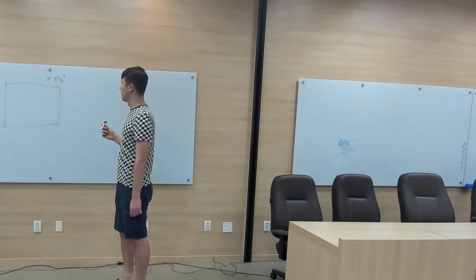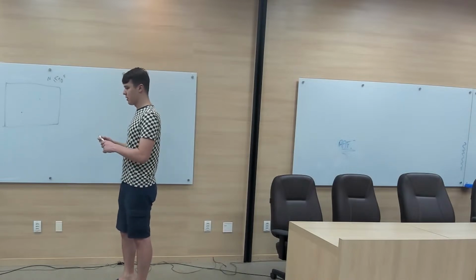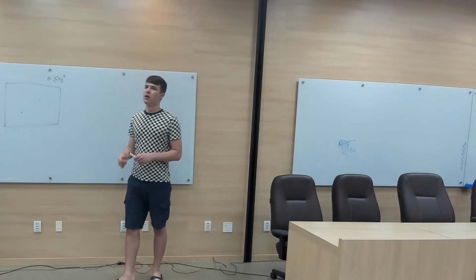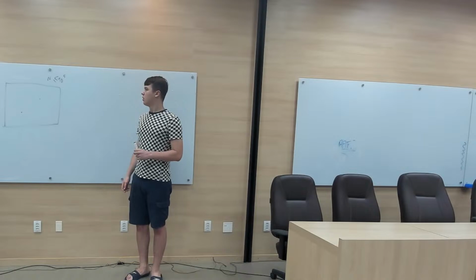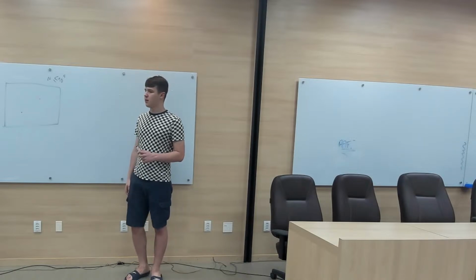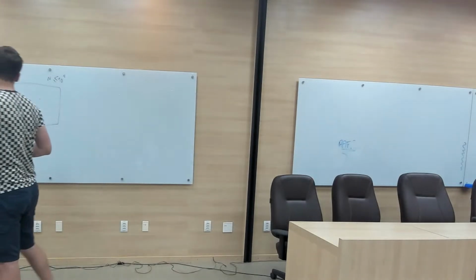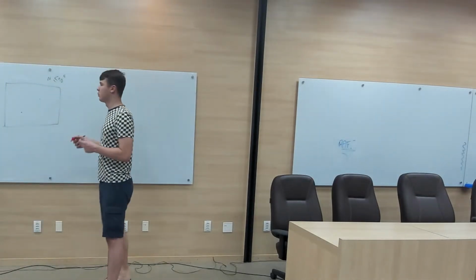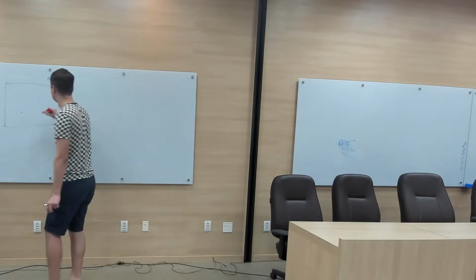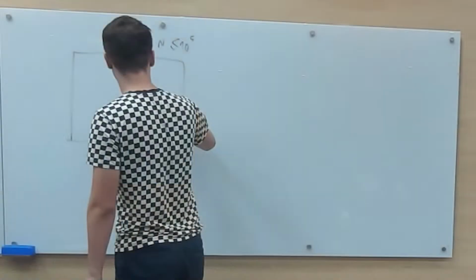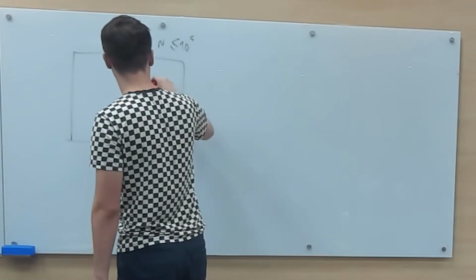Okay. So the first thing we want to do here: let's think for a second. How do all those 4 possible rectangles look like? Let me draw them.